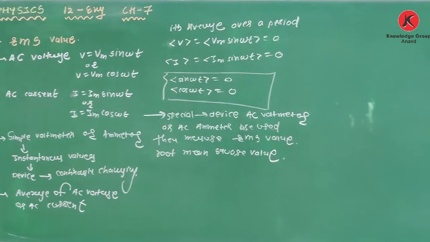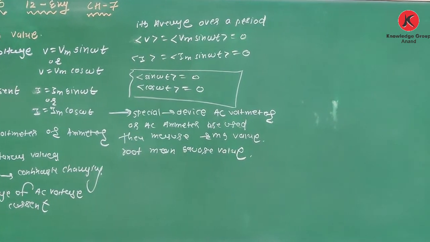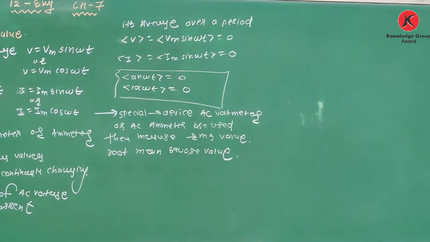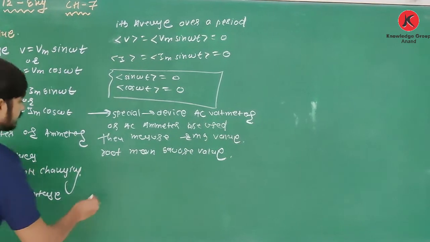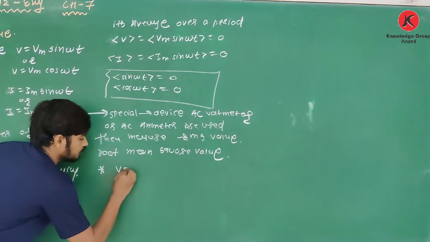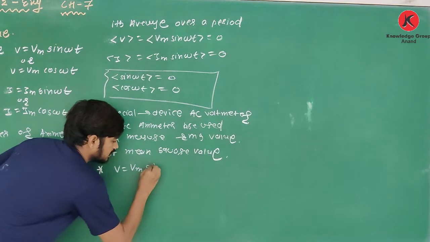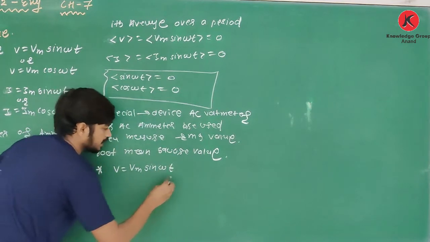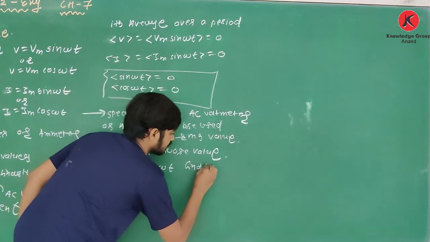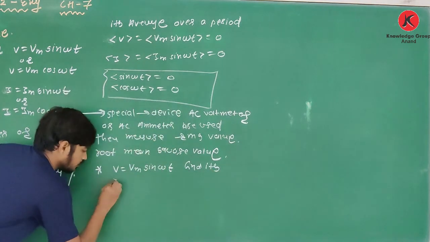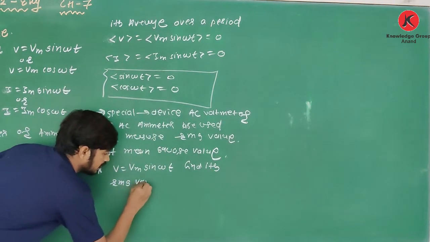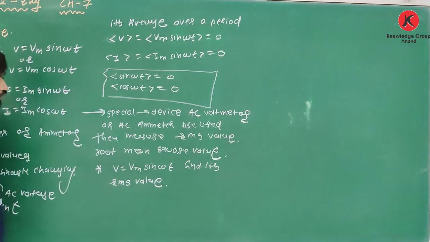See, we will see how to find RMS value with the help of one example. If you are given V = Vm sin ωt, then find its RMS value. How to find?